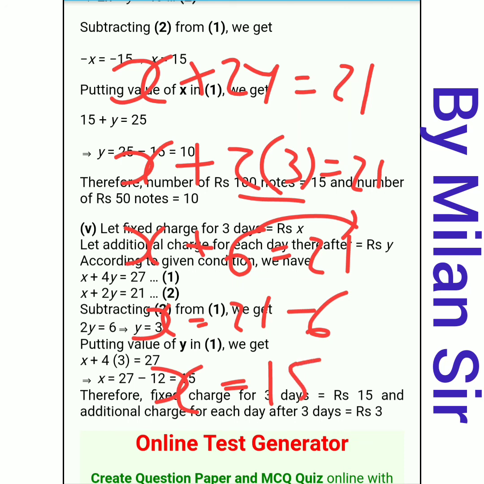So our x is equal to 15 and y is equal to 3. So the fixed charge for the first 3 days, x, is 15 rupees, and the additional charge for each day after 3 days, y, is rupees 3.